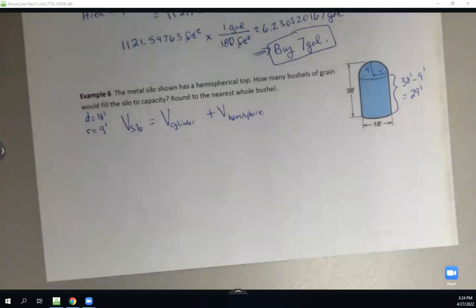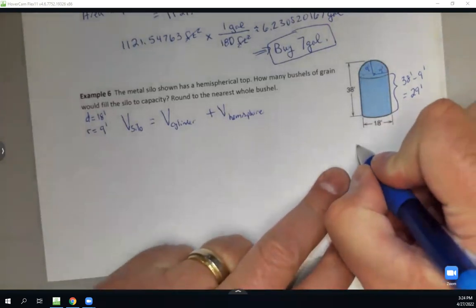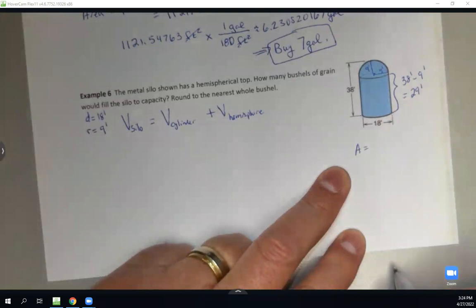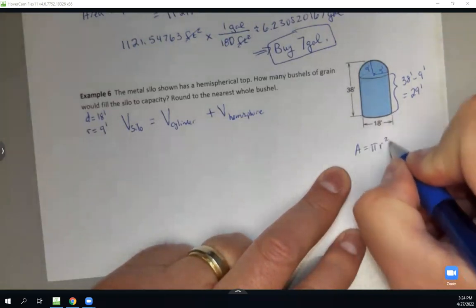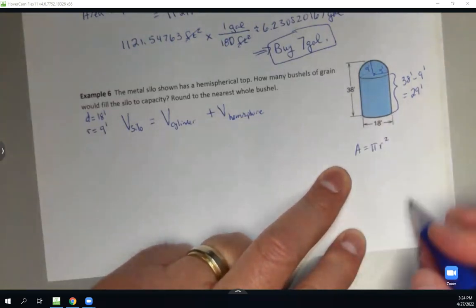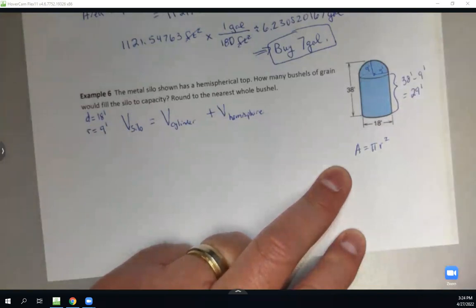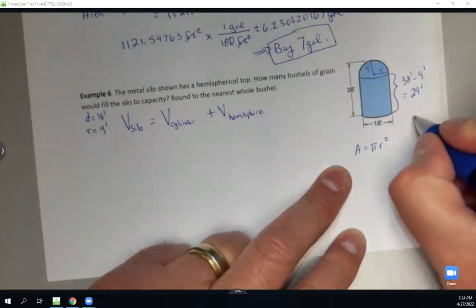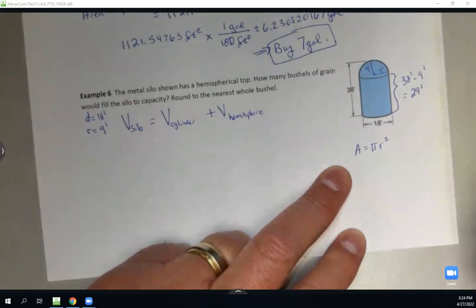So how do I find the volume of the cylinder? Well, the area of the base of the cylinder is going to be pi r squared. And then I'm going to take that times the height of the cylinder. And the height of the cylinder is 29 feet.